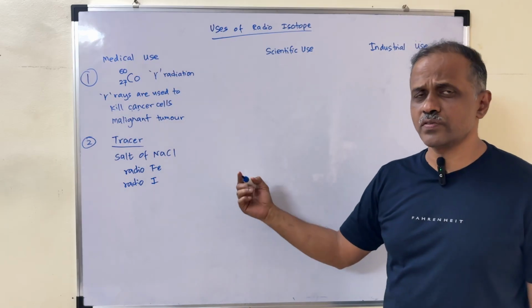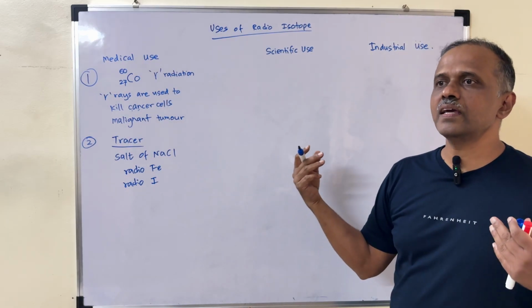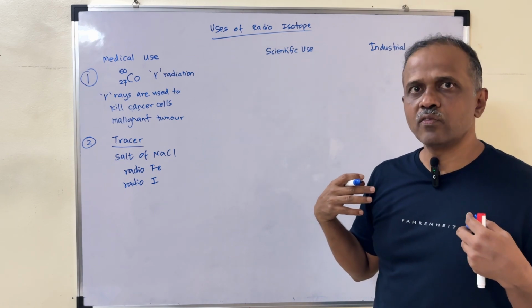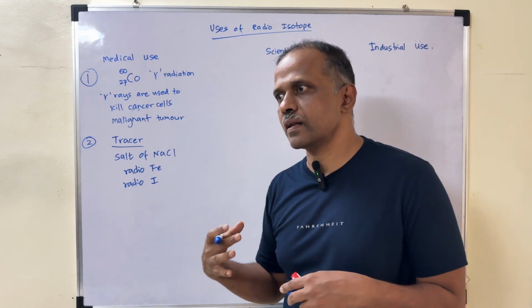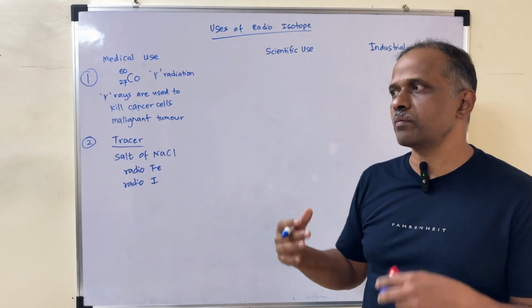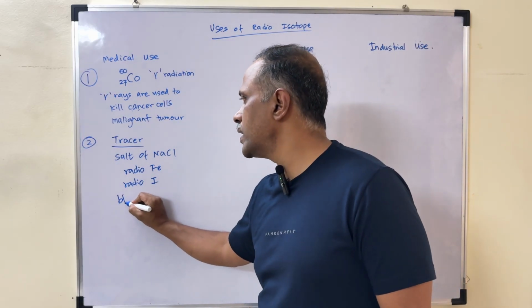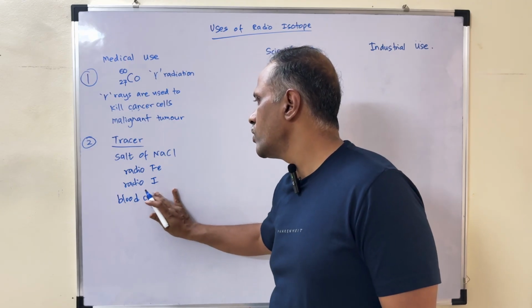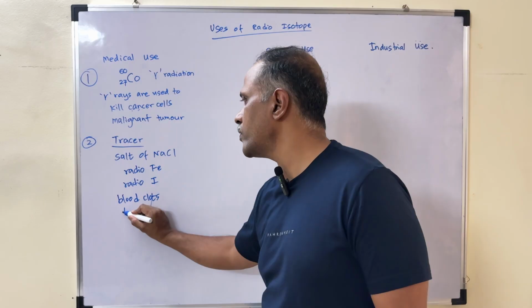When they are injected into the body, or flow with the blood, or are injected at a particular organ, we are able to find out where the blood clots are, or even tumors.